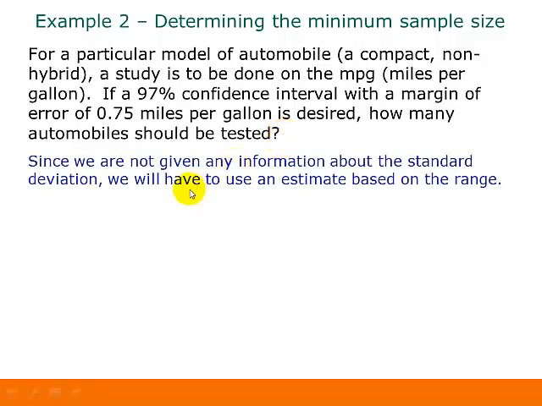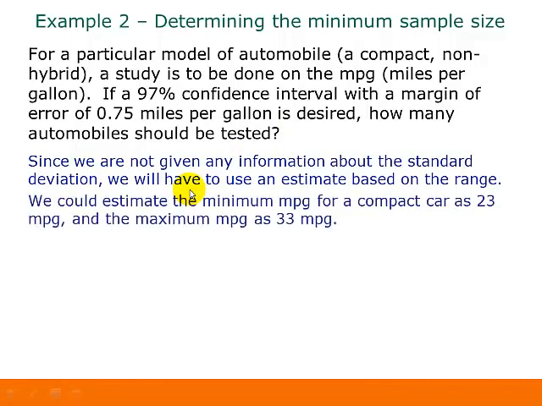And to do this, we'll have to use an estimate based on the range and use that range rule of thumb that we talked about. So here, if you think about it a little bit, you can make some estimates for the minimum and maximum MPG for a compact car. We could say that the minimum would be 23 and the maximum would be 33.